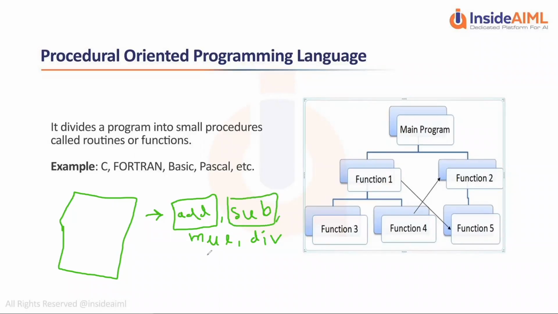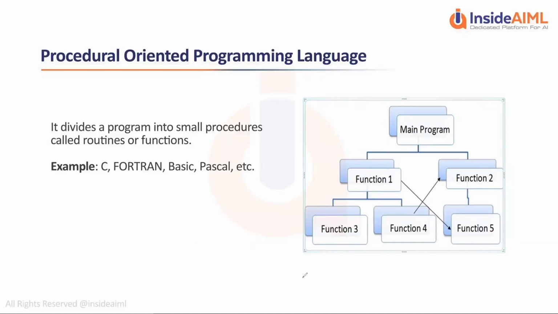Then another function might perform the multiplication, and another function can perform the division. So in procedural oriented programming languages, we divide our programs into different sub parts, different sub modules. That's procedural oriented programming. C, Fortran, Basic, Pascal, and other programming languages support this.